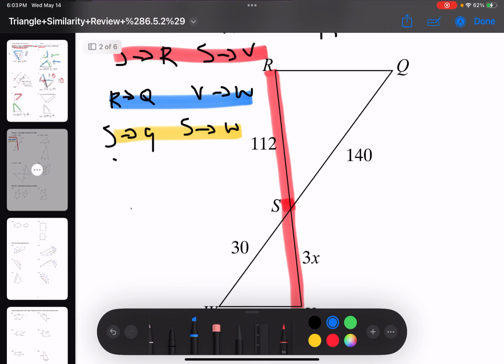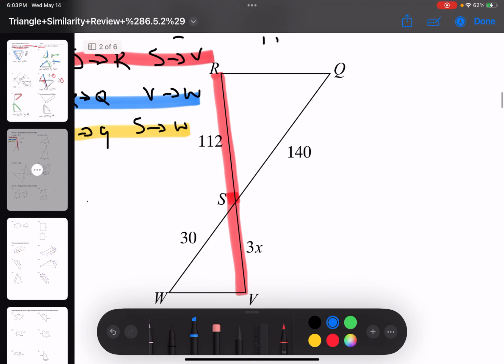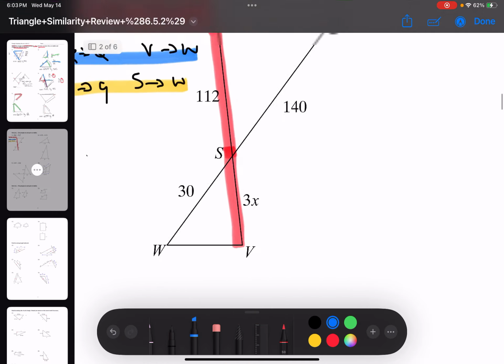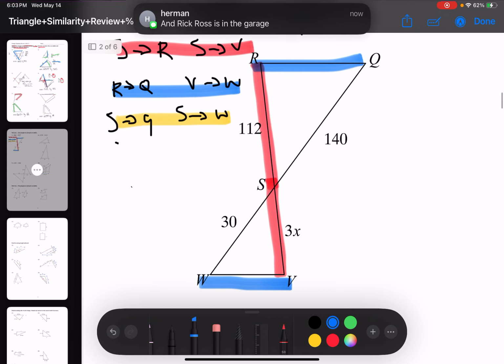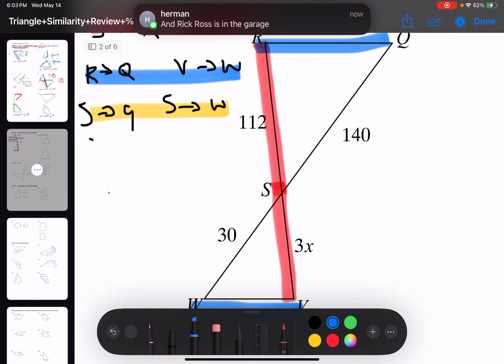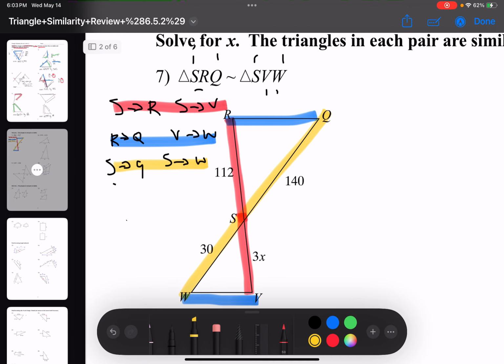Next color. R to Q, which is R, Q, and then B to W. And then S to Q, which is right here. Oh my god, that was not supposed to be blue. Does that make sense?